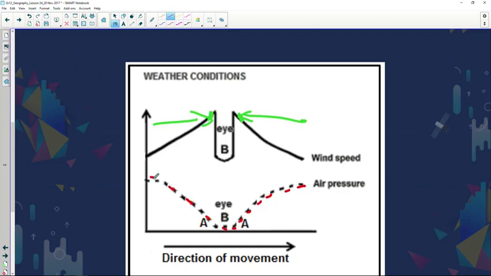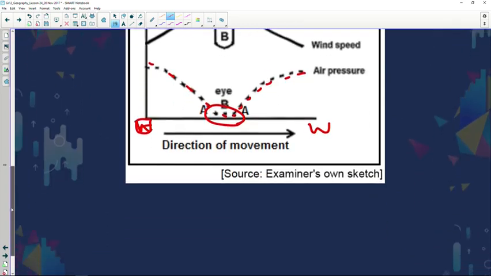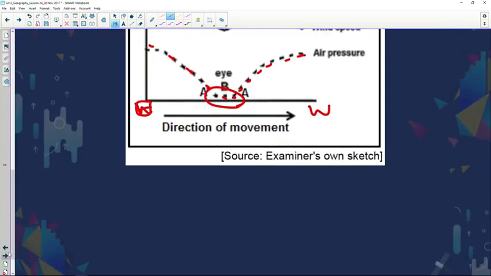The pressure is the lowest around the eye wall. And as you can see, the direction of movement is from east to west and recurs back in the easterly wind belt. But let's quickly go and have a look at the questions that are being asked.